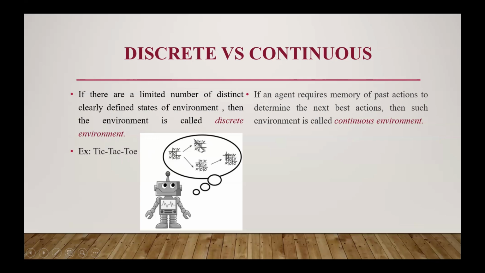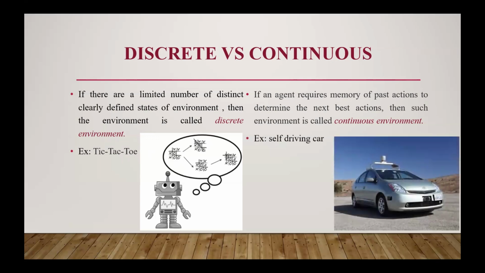But in the case of a self-driving car, it requires previous information because the environment is partially observable and it cannot view all the details, so it has to store the previous history so that it can achieve its destination.